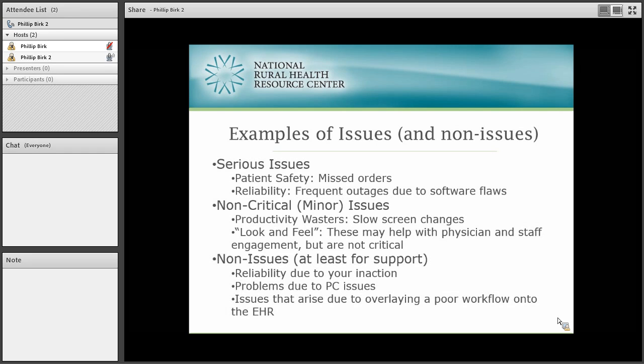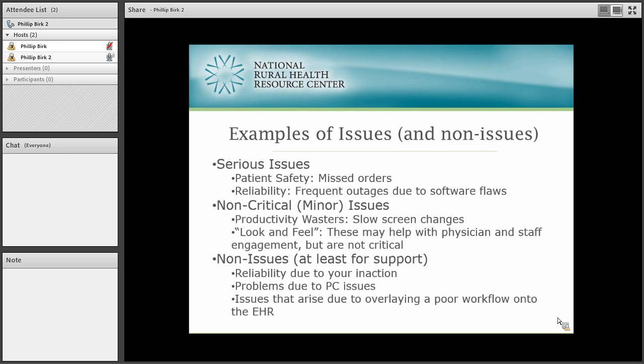Maybe it's something with look and feel that the physicians don't like the way this looks, or even a productivity waster. They have to go to two different screens where on paper I used to do it on one sheet. Those might seem important. They might be something that would really help with physician engagement for you, but they're not going to be a serious, a critical issue. These are going to be minor issues to your vendor.